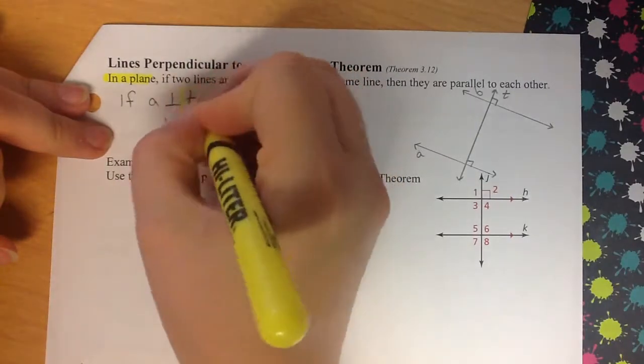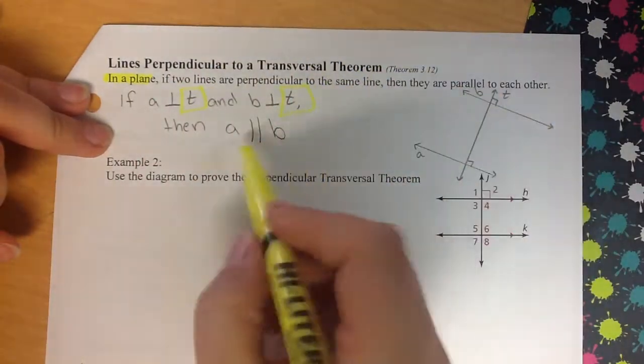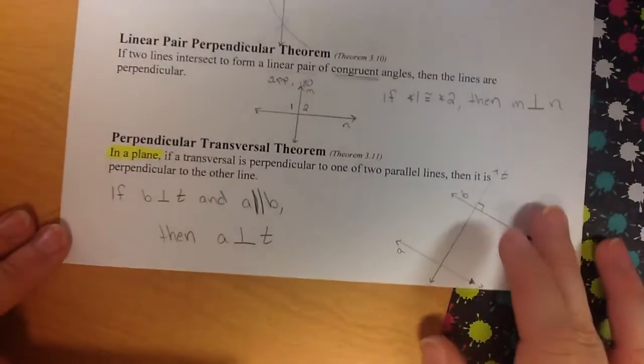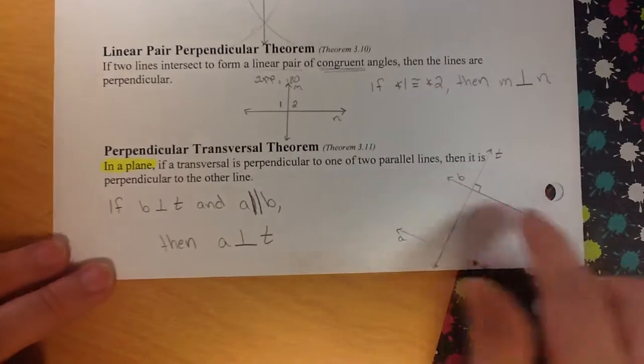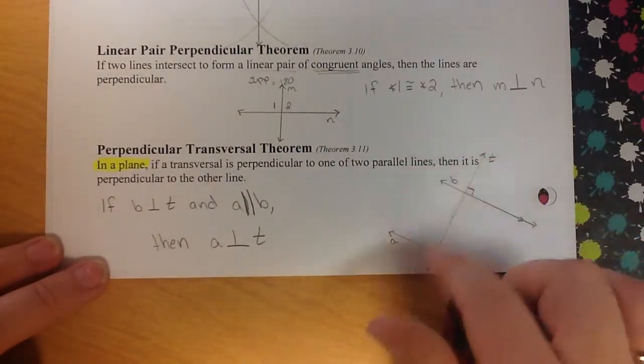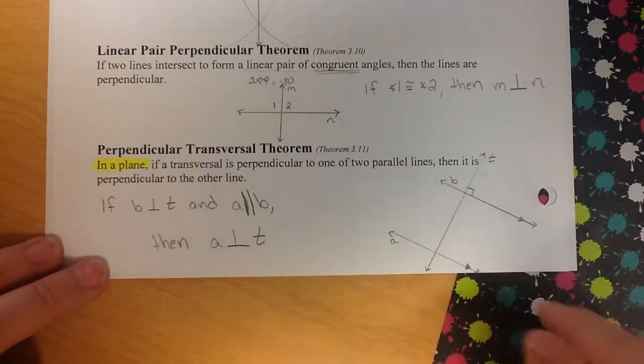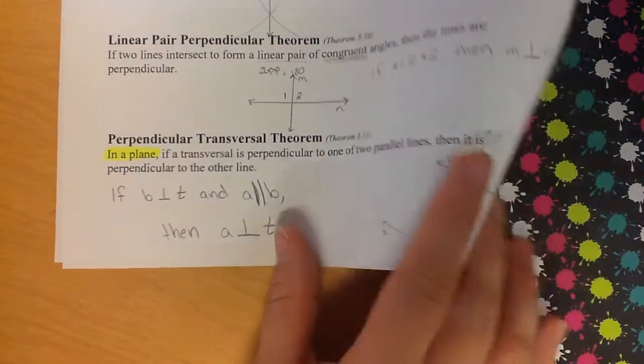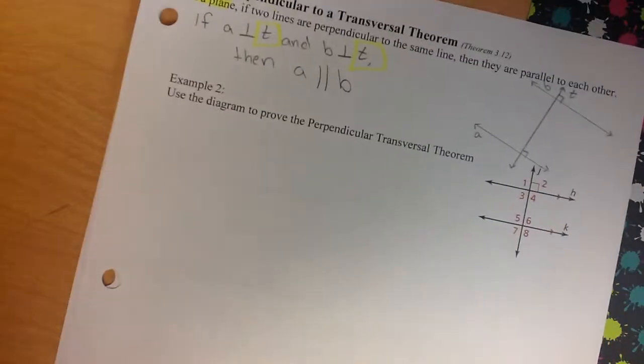Again, there's my T and my T. So then I know they're parallel to each other. Again, because we're in a plane. On the perpendicular transversal theorem, I know one line is perpendicular to one parallel line, so then I know it's perpendicular to the other. Okay, switches it around a bit.